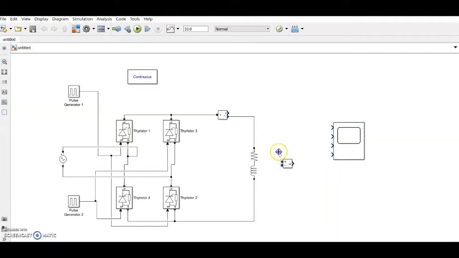We need to get the output voltage, so we will measure the output voltage, and let this be our output voltage. This is your output voltage.